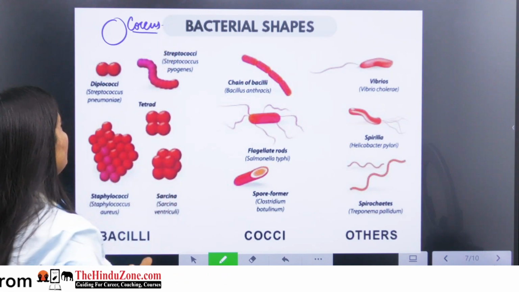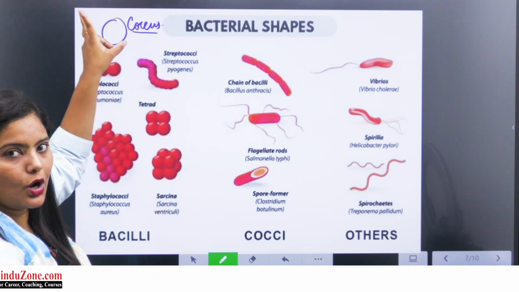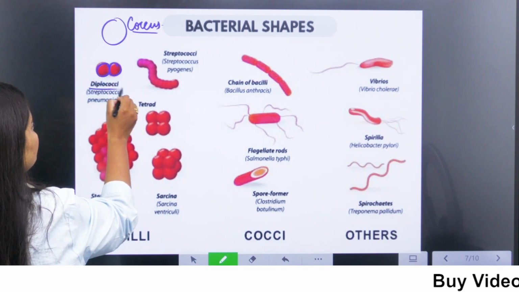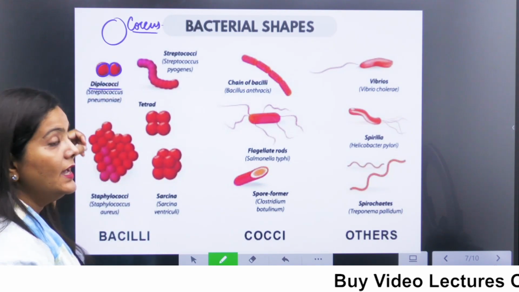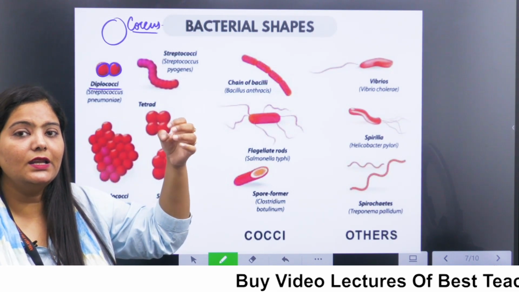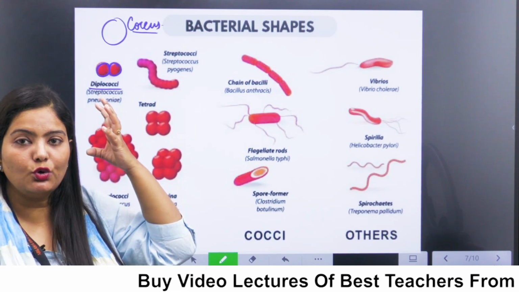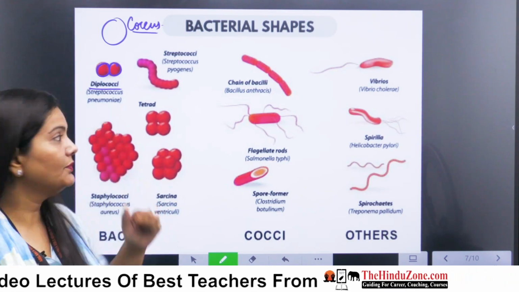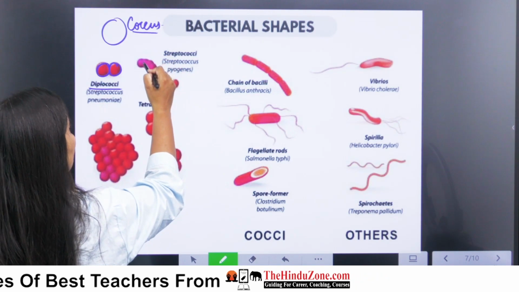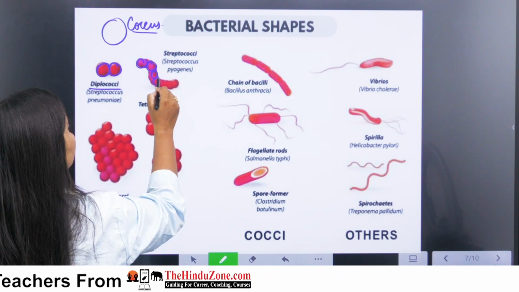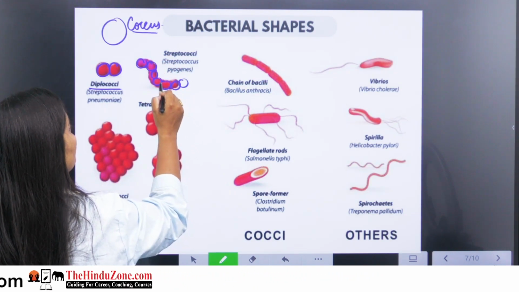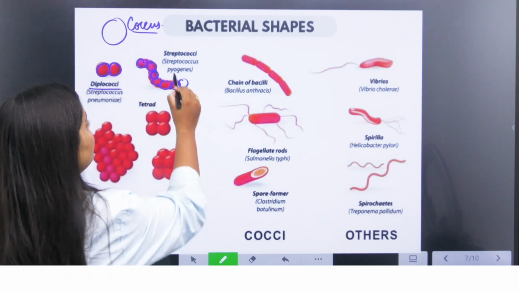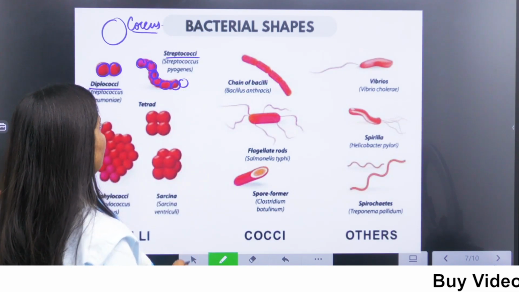If they are spherical, you call it a coccus. If two of the cocci unite, it is called diplococci. And yes, there are bacteria like Diplococcus pneumoniae, which is a causal organism for pneumonia. Now, if a number of cocci join to form a chain type of structure, this is called streptococci, right?